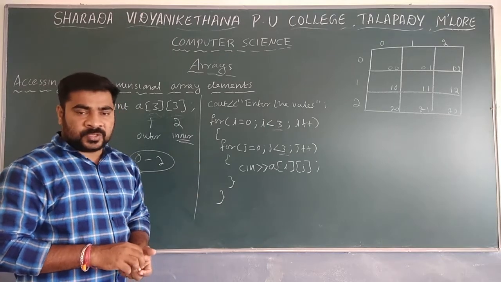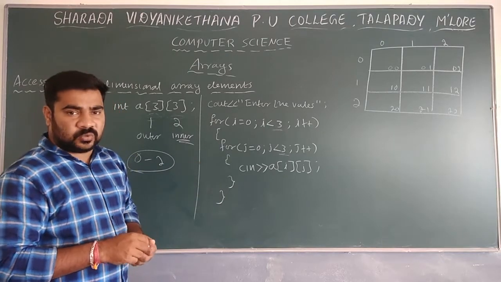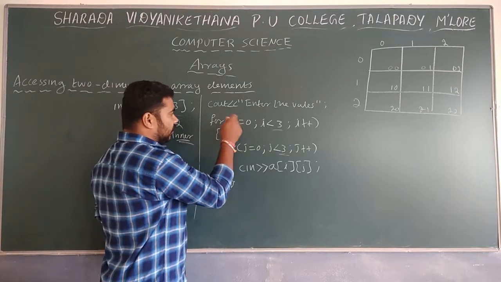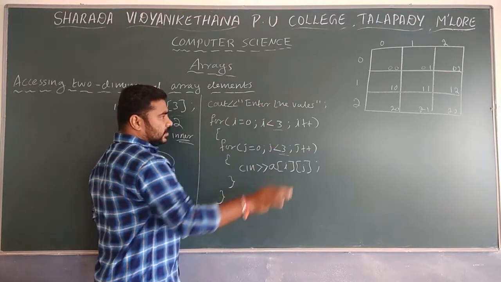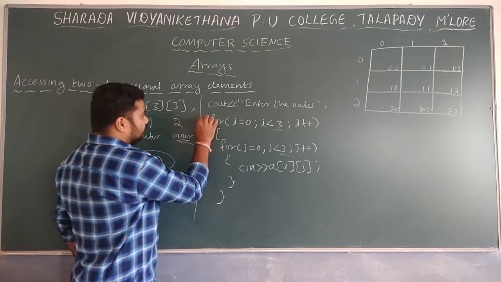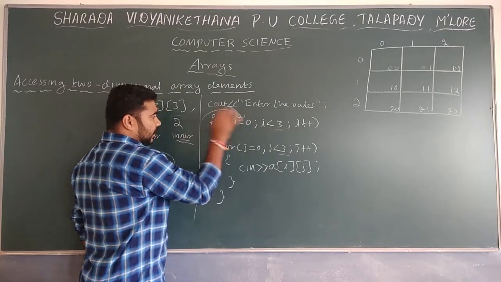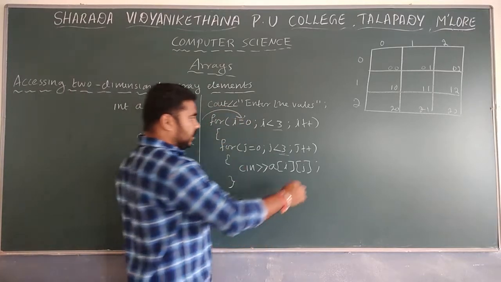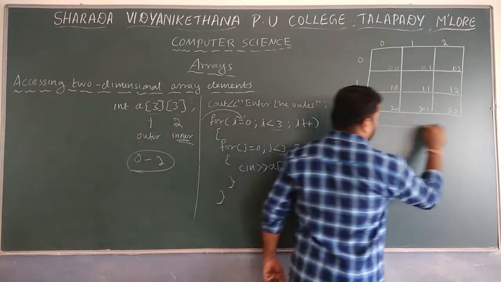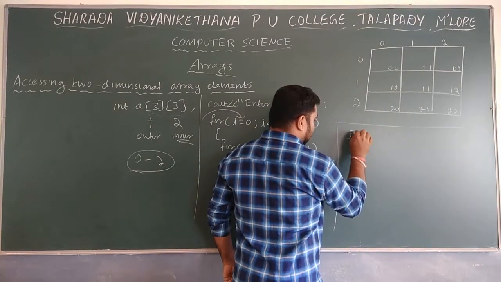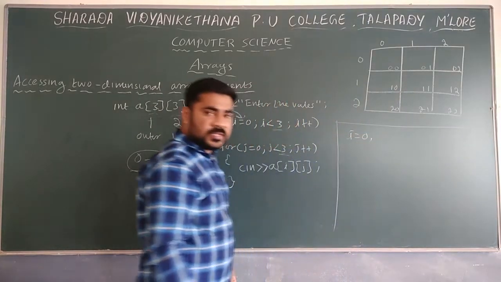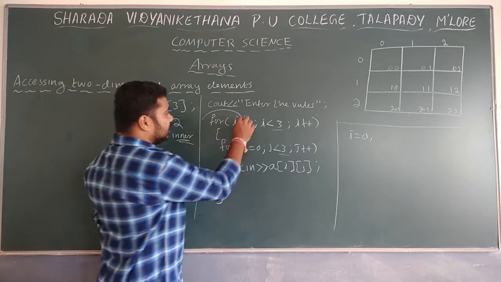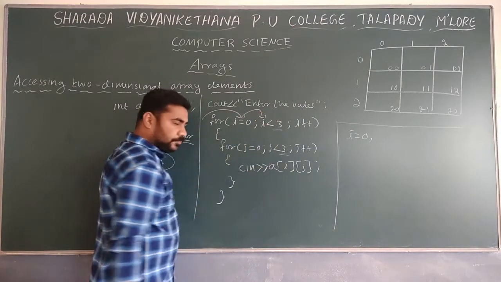Whenever you are going to insert data into a two-dimensional array, first how is it working? First it displays "enter the values." After that, the for loop will start. For i equal to 0. First the i value is equal to 0. Then we check whether i is less than 3.